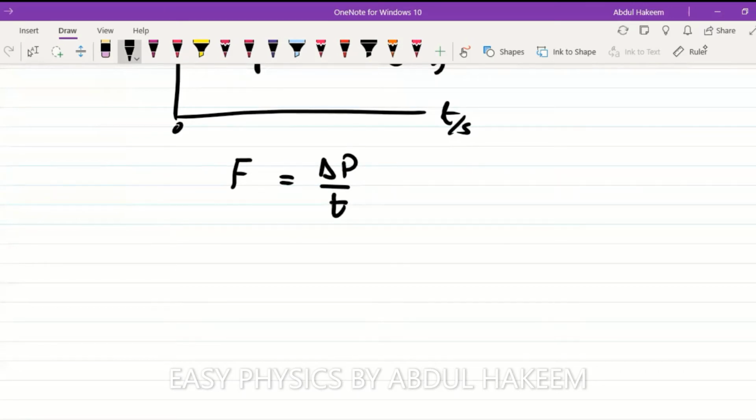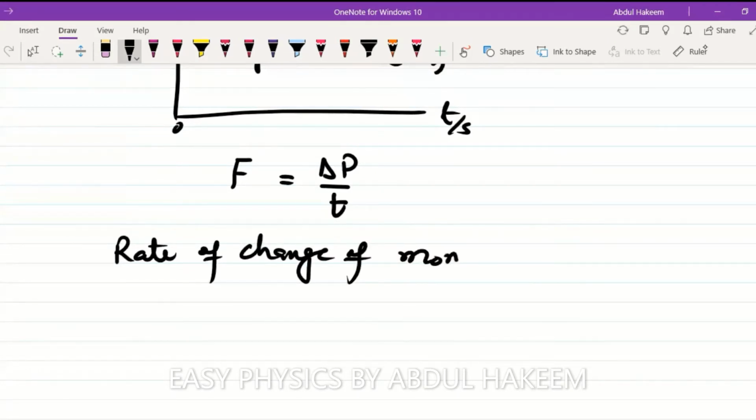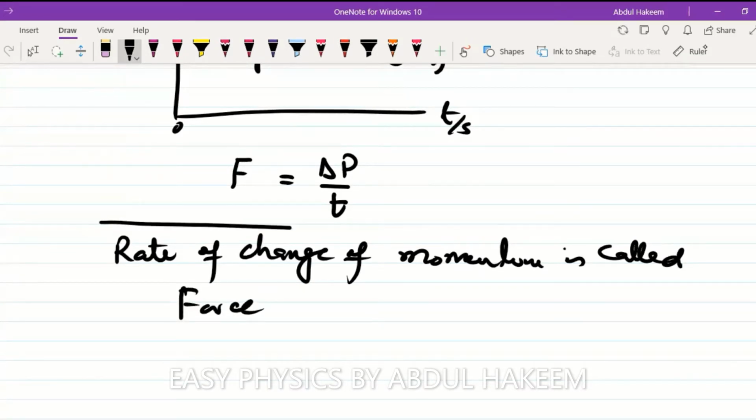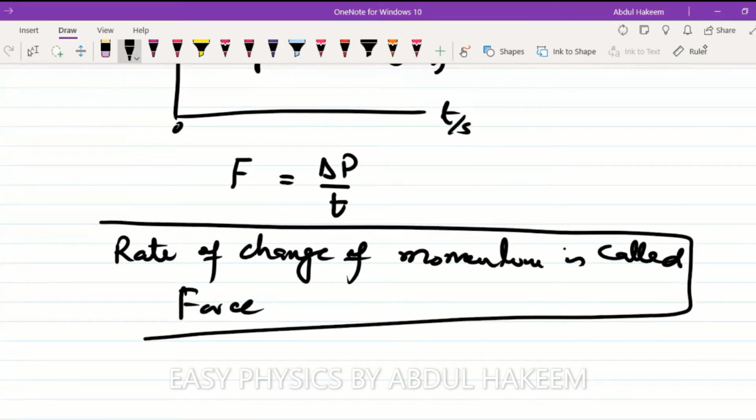So we can write it: rate of change of momentum is called force. This is the definition of the force in this chapter in AS.